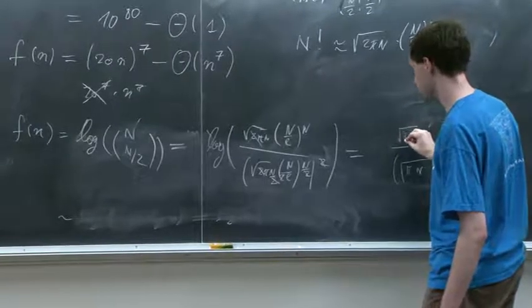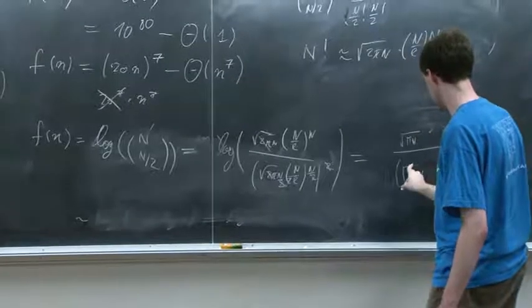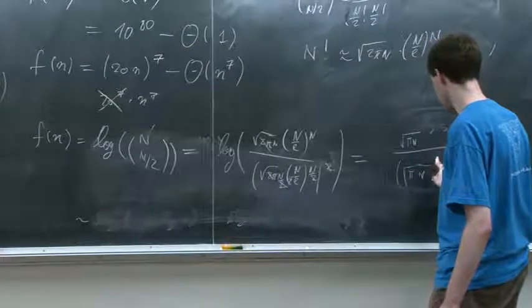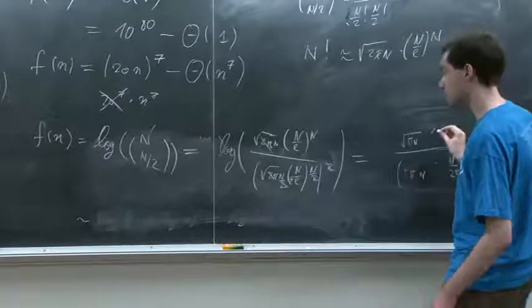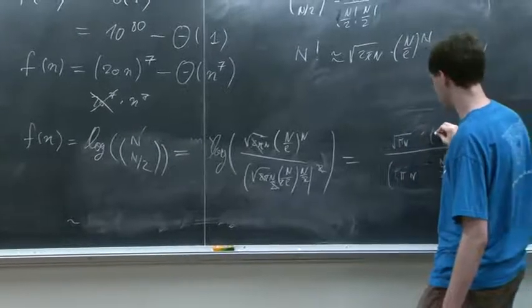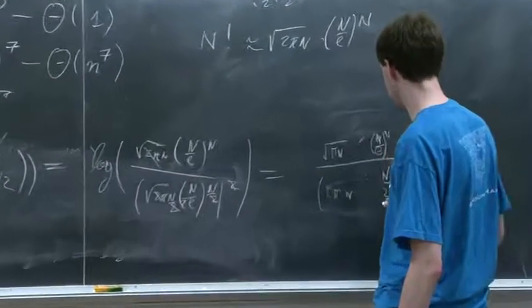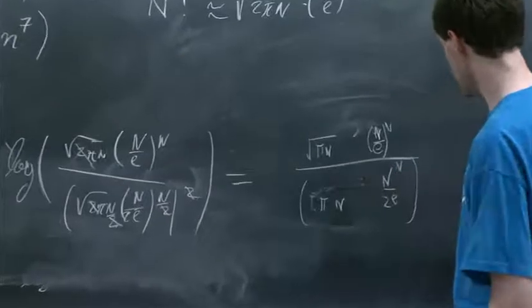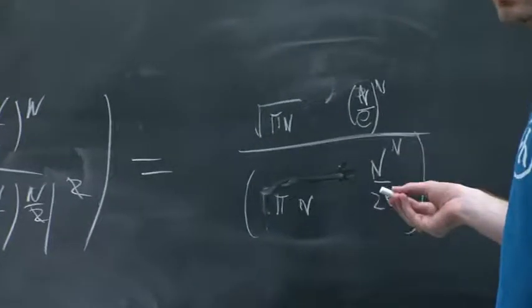Square root of pi n, and this is square root squared, so that cancels. Times n over n. Do you need parentheses on n over 2e?